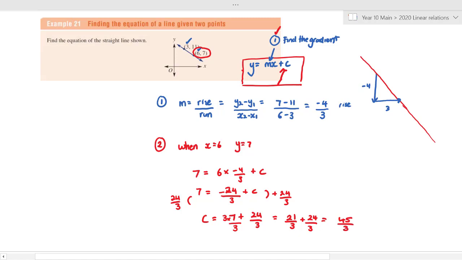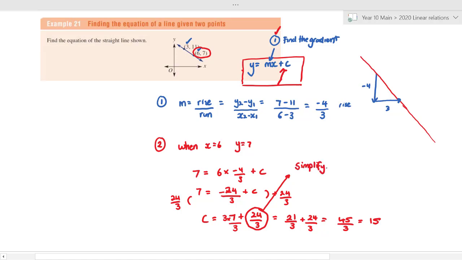Look at that. Hopefully you realised that 24 over 3 is 8. But yes, 8 plus 7 is 15, or 45 divided by 3 is 15. So make sure you simplify as best you can.